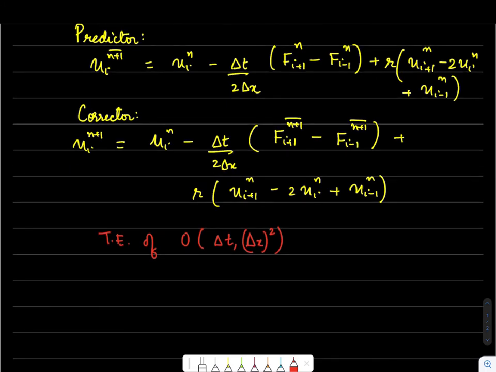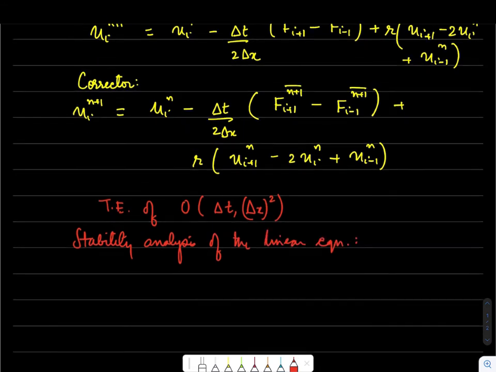If we do the von Neumann stability analysis of the linearized equation, we get the following result.